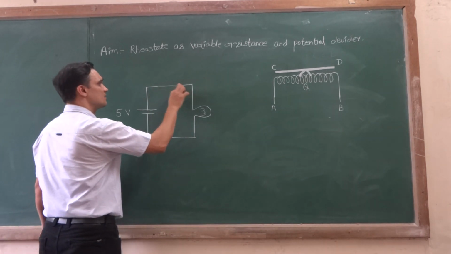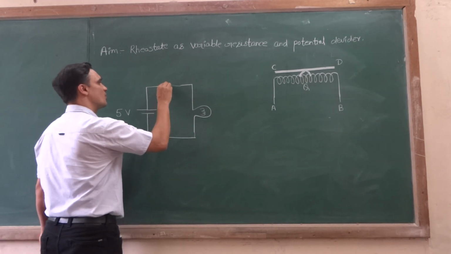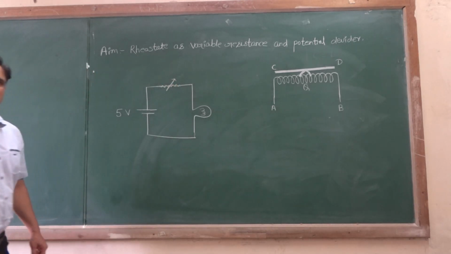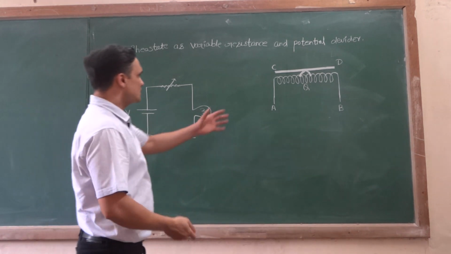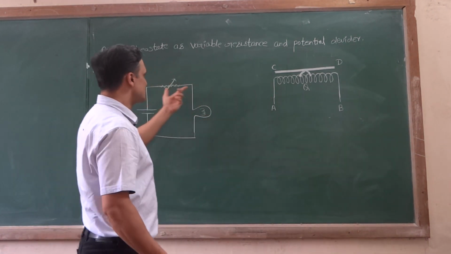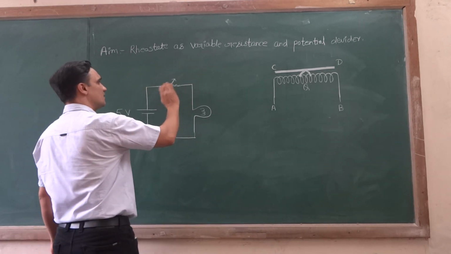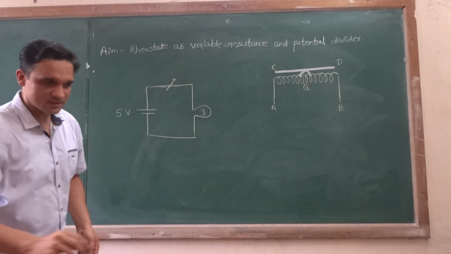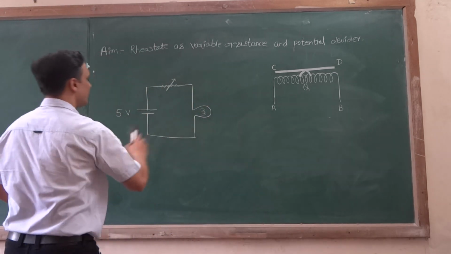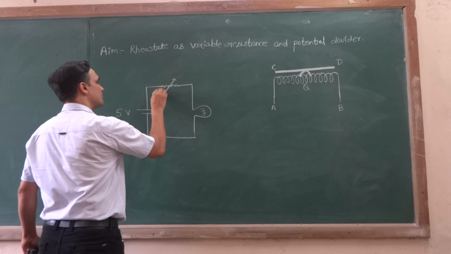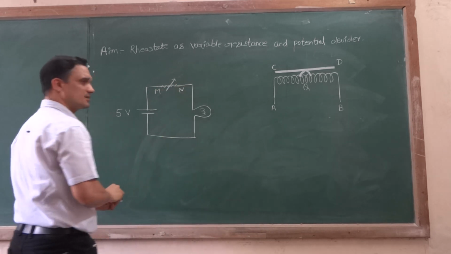Let me take a variable resistance at this point. If you want to use the rheostat as a variable resistance, we can replace this variable resistance from here, and let me take these points as N and N.